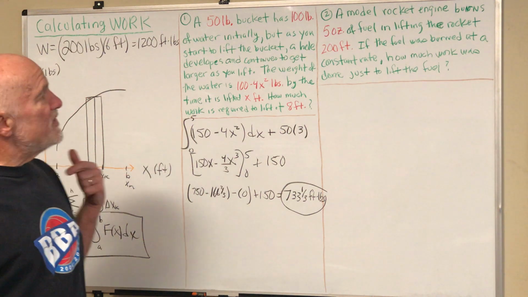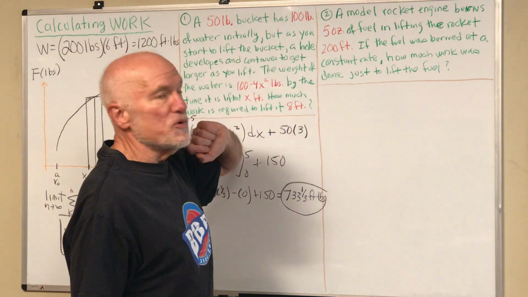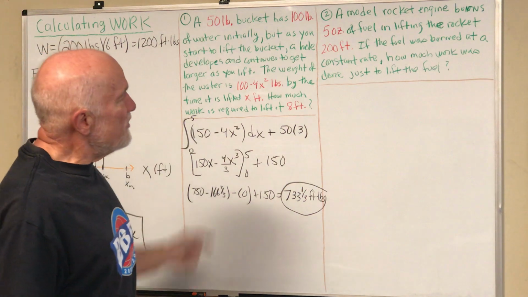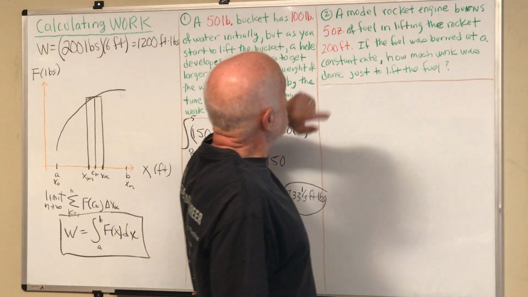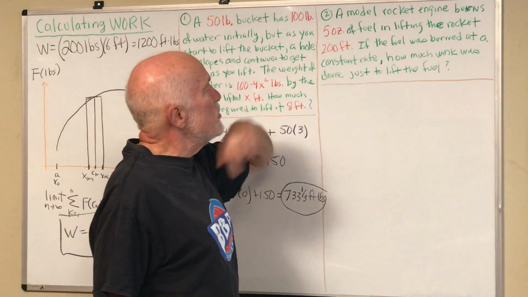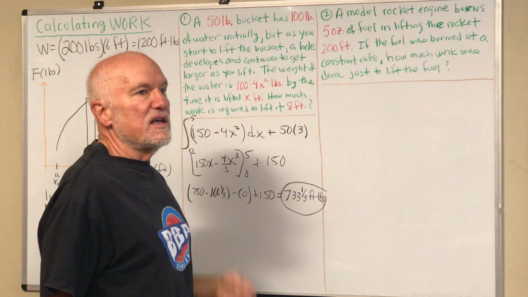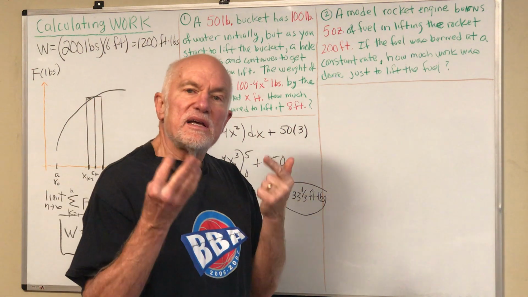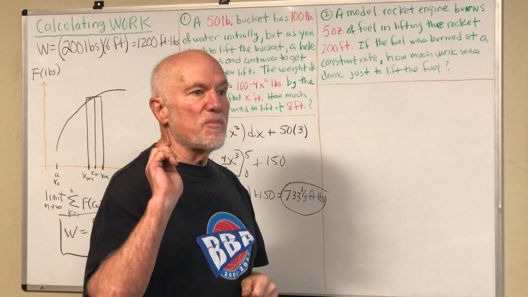So, trying to give you one that might even seem more important to you, like when we send rockets up in the air, what if we just had a model rocket and the engine burns 5 ounces of fuel in lifting your model rocket 200 feet? Well, the work to get the rocket up is pretty much just like lifting a regular bucket up.